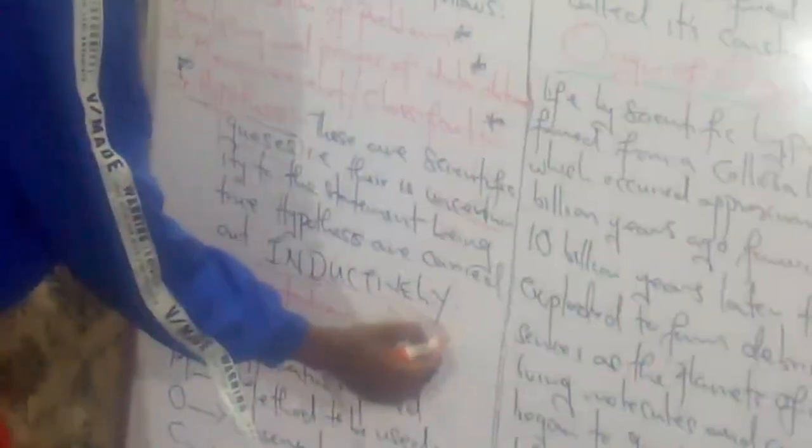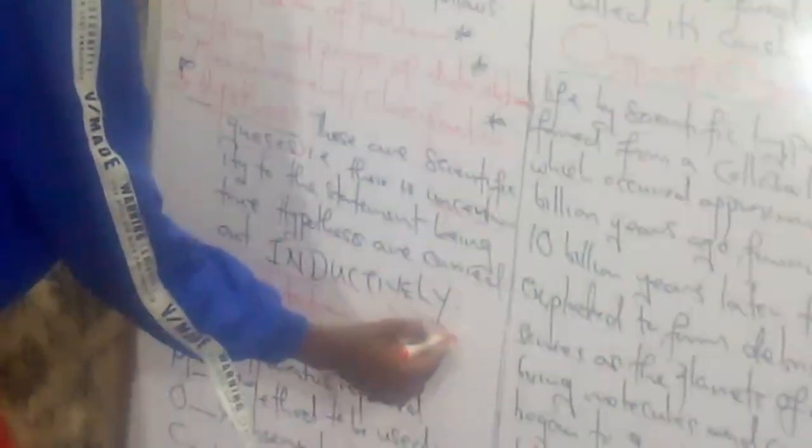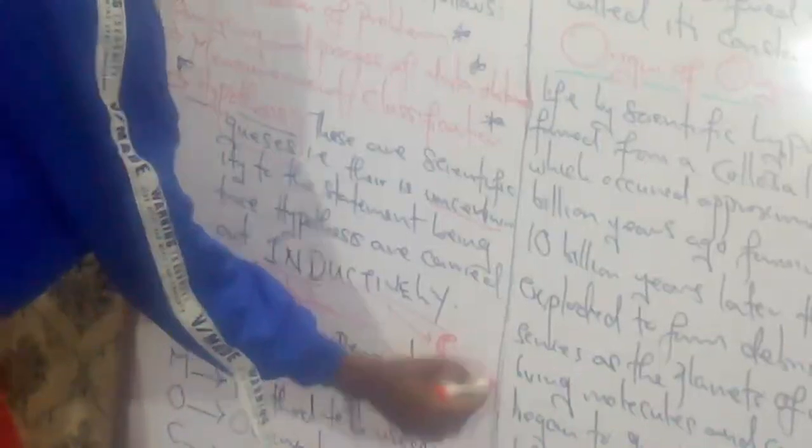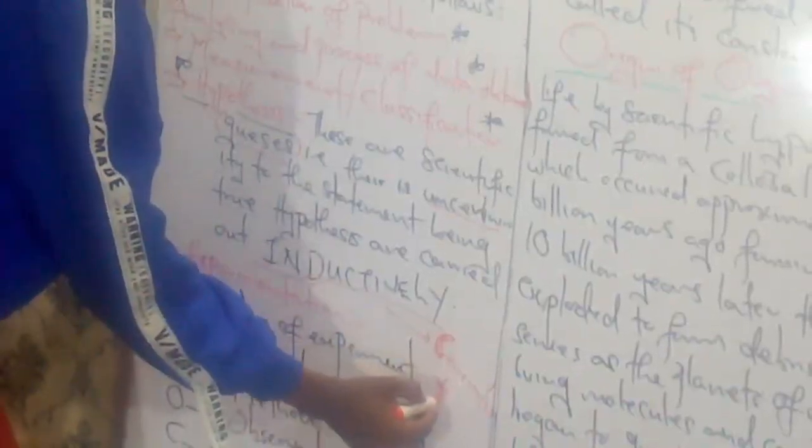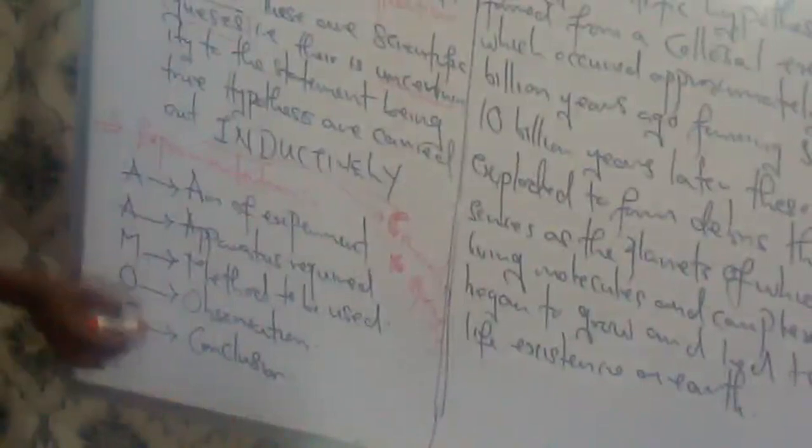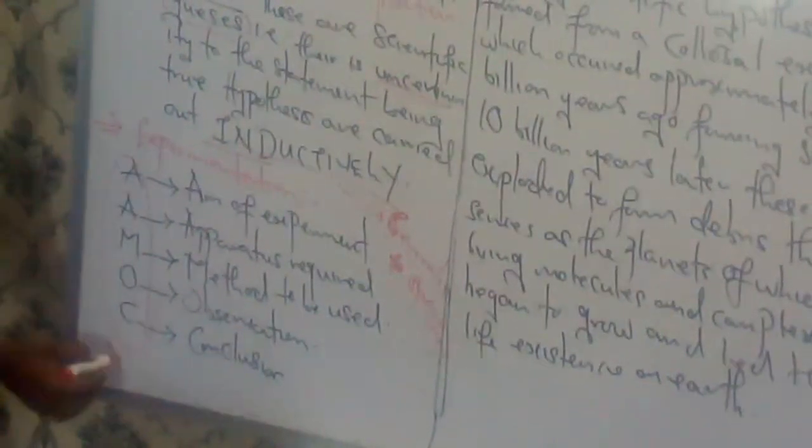So it's uncertain, and the hypothesis is carried out deductively. Induction has to do with moving from the specific to the general, while deduction moves from the general to the specific. Then experimentation follows a five-step order I refer to as A square more.